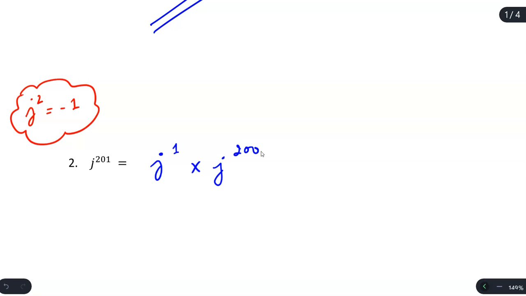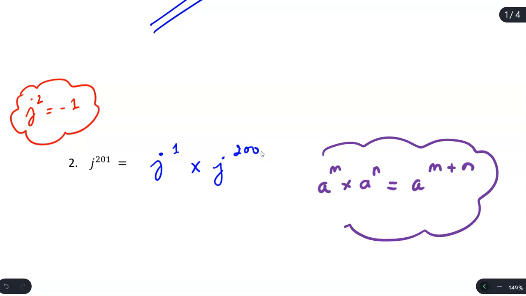So I'm using the formula a^m times a^n. I will have to add the two exponents. So this is the power rule. When you are multiplying two powers with the same base, you keep the same base, but you add the two exponents.